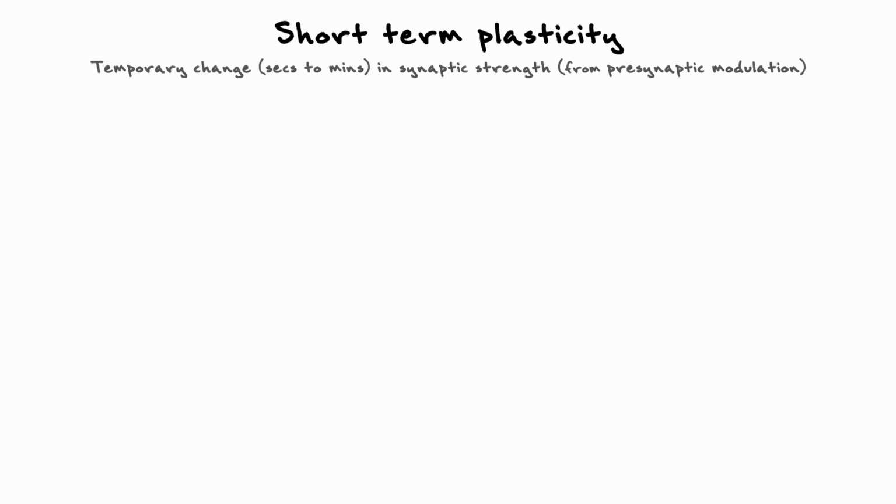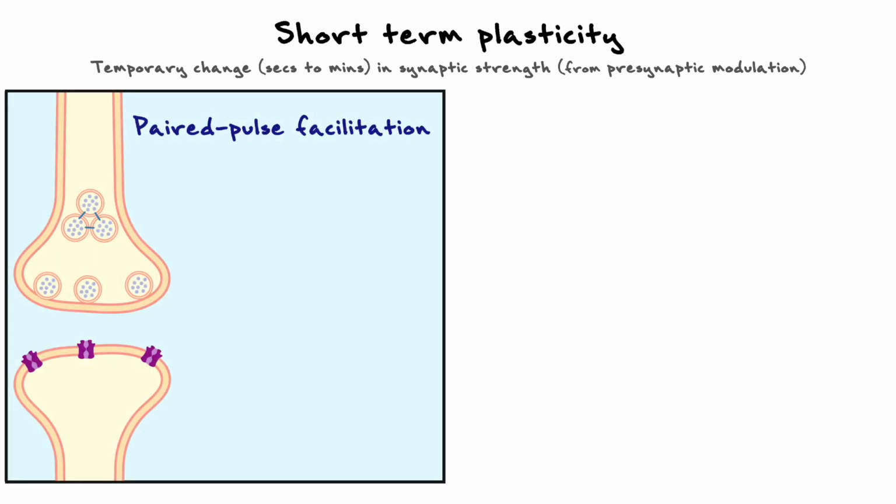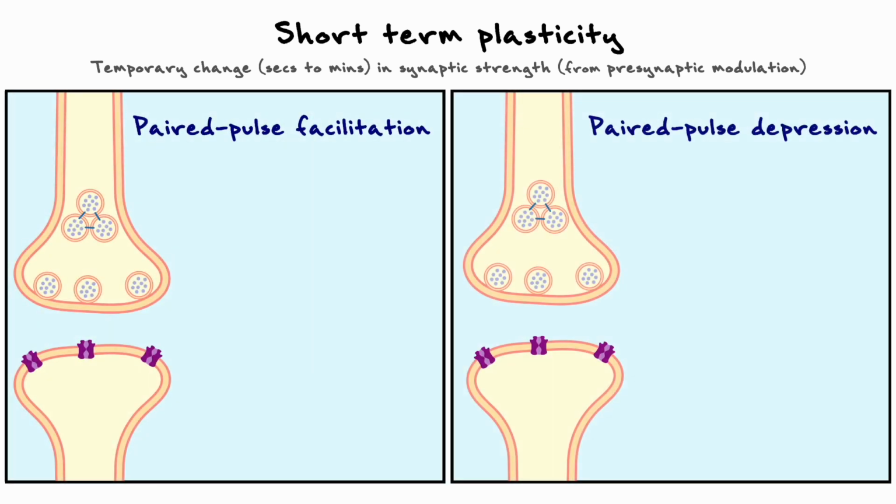A fundamental aspect of plasticity is that it can happen on many timescales. The 2 broad ways to classify these timescales is through the short-term and the long-term. Accordingly, let's begin with short-term plasticity, which corresponds to events that last on the scale of a few minutes or less. Generally speaking, short-term plasticity occurs on the presynaptic terminal, and the 2 main forms are called paired pulse facilitation and paired pulse depression.